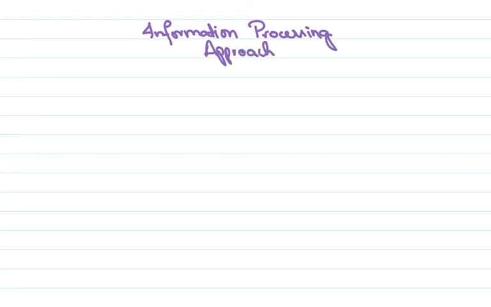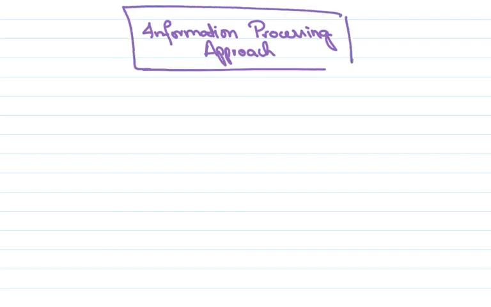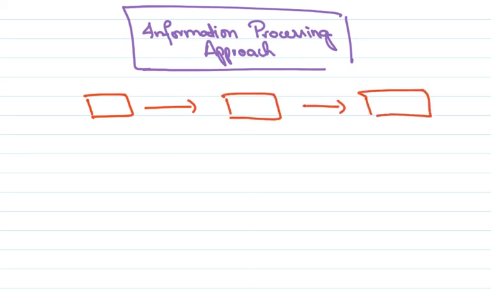Basically, the information processing approach tries to describe certain steps that are involved in the analysis of what it calls information. This information can be anything, right? It might be any sort of sensation that's coming in, but you describe how that information is processed in a series of steps, right?